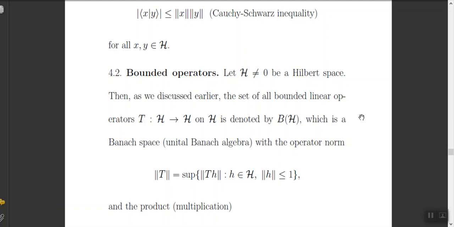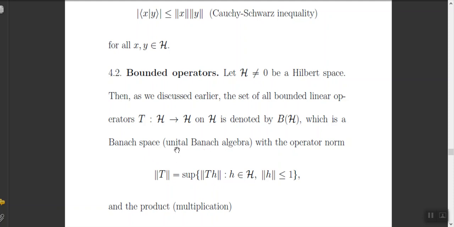If you remember, B of H denotes the set of all bounded linear operators on H, the set of all bounded linear operators like T on H. And if you remember, B of H with the operator norm is a Banach space, or more precisely, a unital Banach algebra.